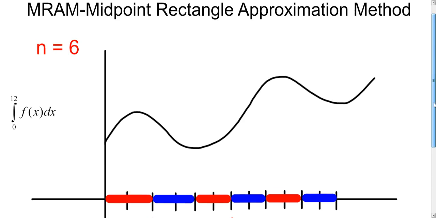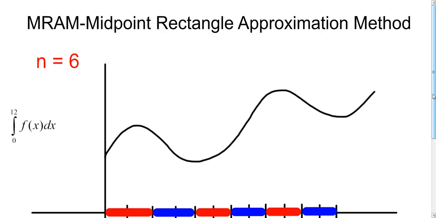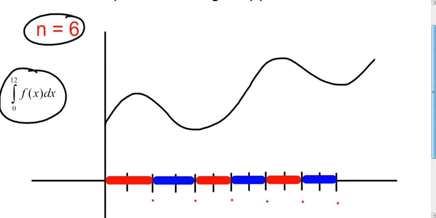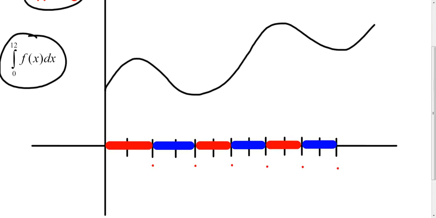So this is a curve. I am telling you that n equals 6, which means I want you to divide the area underneath your curve into 6 equal intervals. Here's what I'm wanting you to do. I want you to find the integral from 0 to 12, the area underneath that curve from 0 to 12.